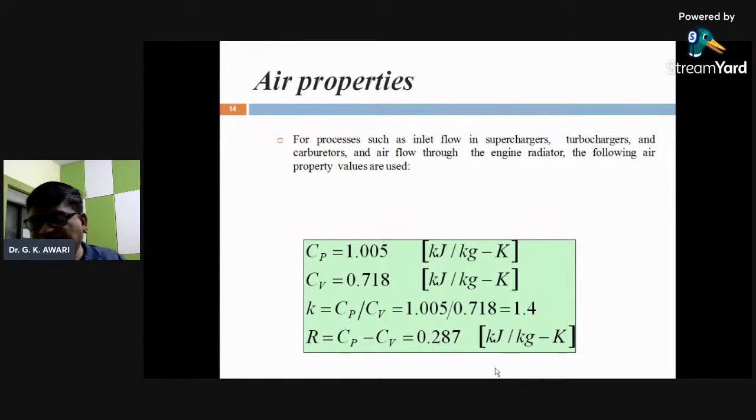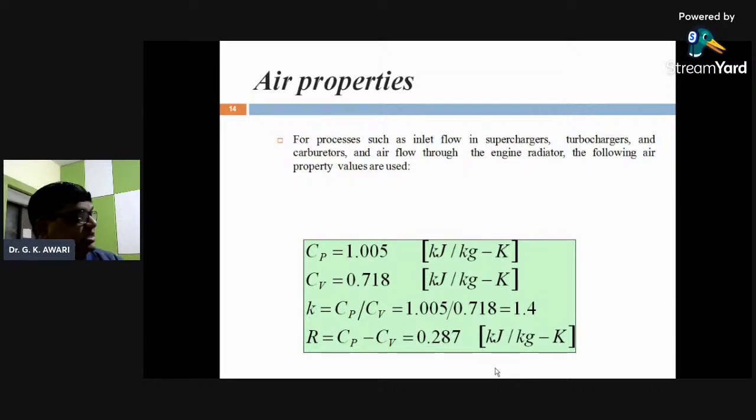Then air properties. For processes such as inlet flow in superchargers, turbochargers and carburetors, and airflow through the engine radiator, the following air property values are used.